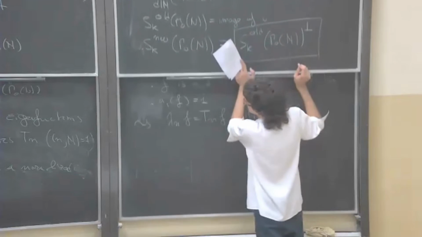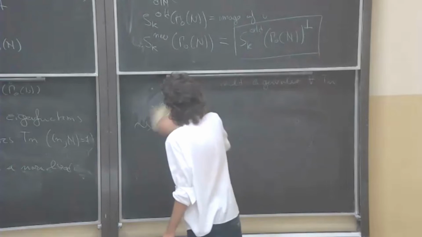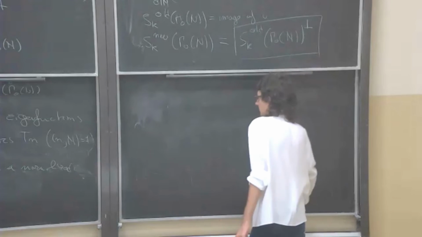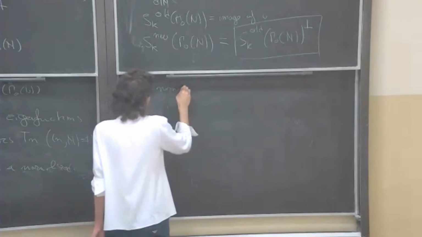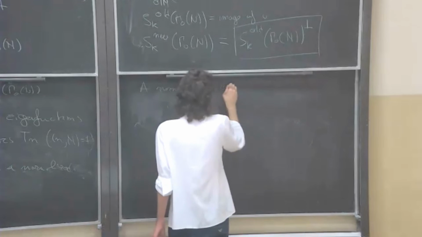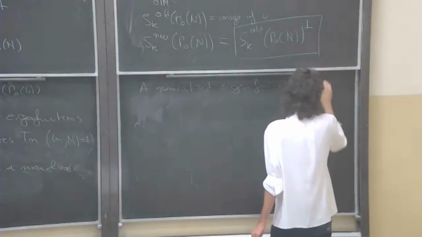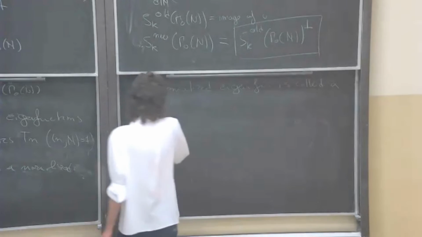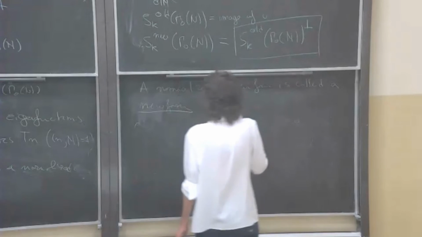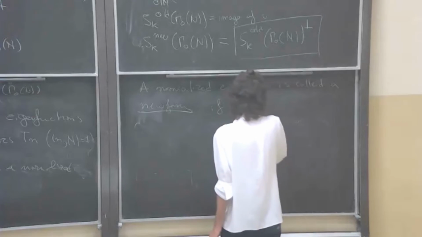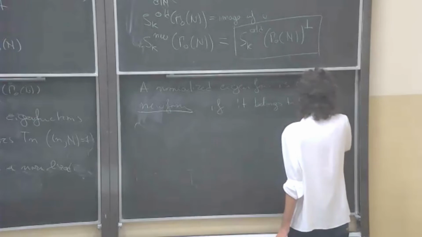Last definition regarding exactly only modular forms. A normalized eigenform is called a newform if it belongs to the new piece of S_k.